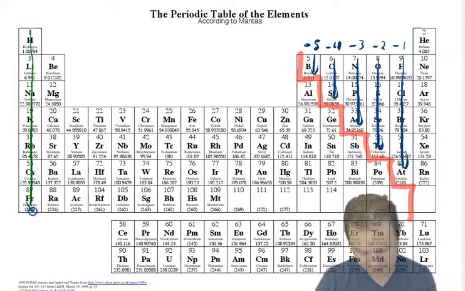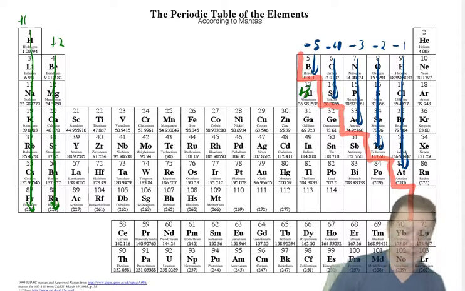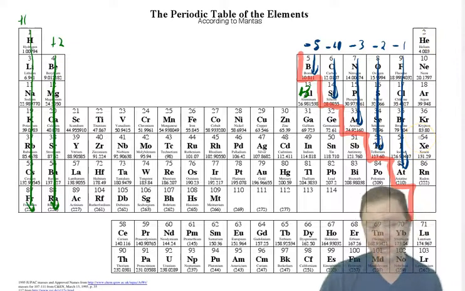We also have +1 and +2. A third one would be aluminum at a +3. And of course, again, all of these negatives march forward to become isoelectronic with the noble gas. That's how their ionic charge is developed. And all of these green ones march backward also to become isoelectronic to the noble gas.